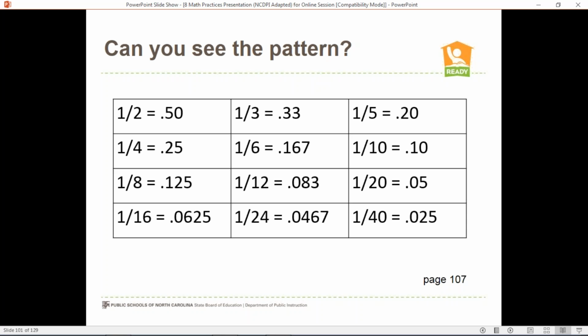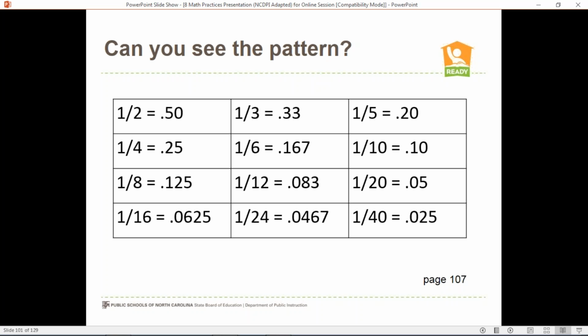And that might help me think a little differently if you ask me, well, what is the decimal equivalent of 1/6? My first temptation might be to go back to how I was taught, right? It might be to say, well, divide 1 by 6. Well, I could probably have thought of that as, if I know what 1/3 is, and that's 0.33, and we know it's repeating, well, 1/6 is half of that, right?